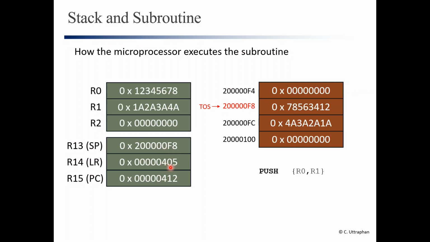The LR is still the same, but the PC is updated to hex 412, meaning the next instruction to be executed is located at address 412. Now the question is, why 412? The answer is because the size of the PUSH {R0, R1} instruction is 2 bytes, therefore it will occupy the addresses from hex 410 to 411, thus the next will be 412.